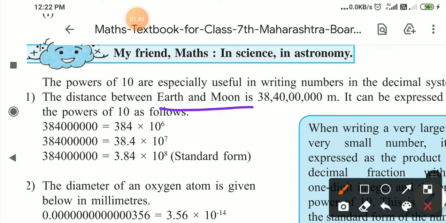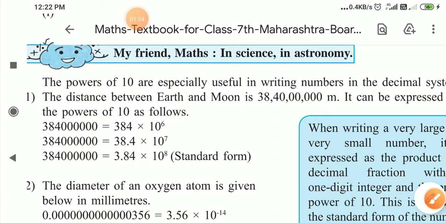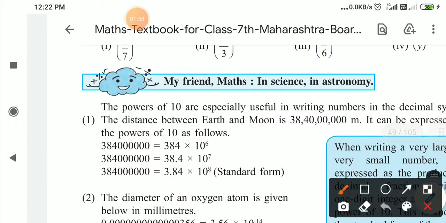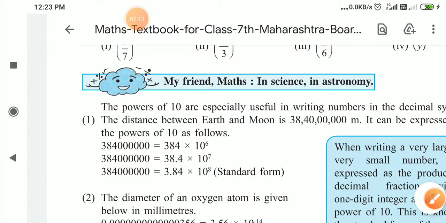This is the distance between earth and the moon. We can express it in different ways, and for that we use the power of ten. The heading of this part of the lesson is maths, my friend, in astronomy and science. So here we can find the distance between the moon and the earth, and this is an astronomical event also.